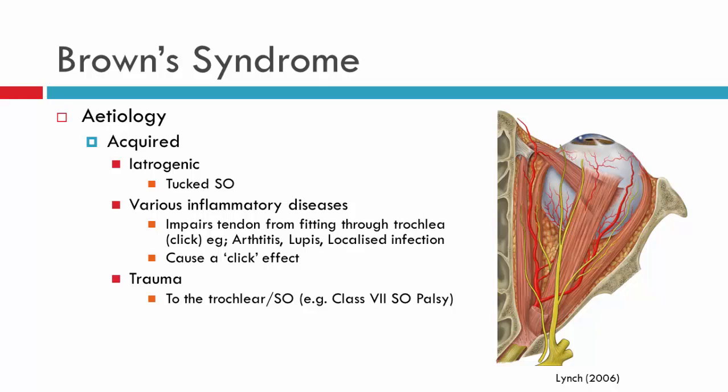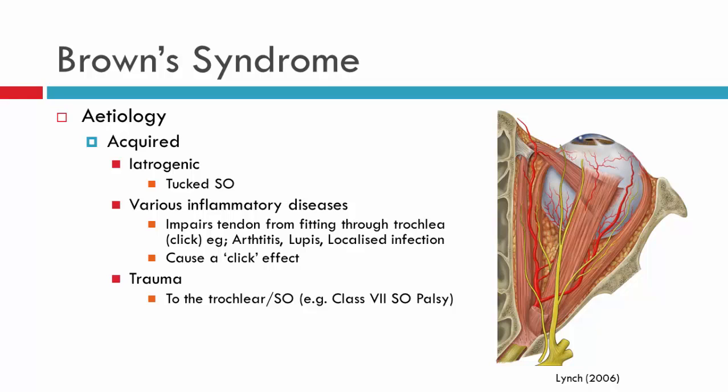It can also cause what's called the click effect or the click syndrome, where if you repeatedly ask a patient with a nodule to look into elevation in adduction, at one point the nodule may click through the trochlea and you will see increased elevation all of a sudden, and the patient usually can hear the click as the nodule gets through the trochlea and clicks over to the other side.